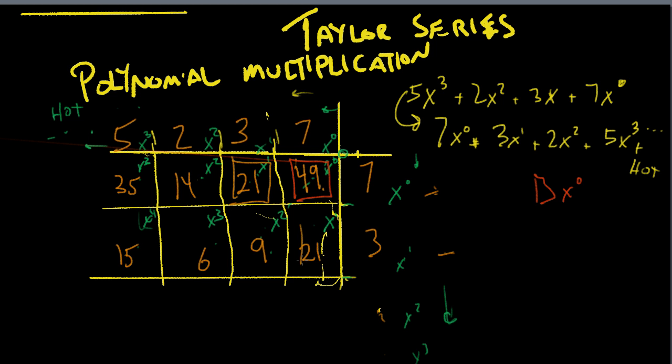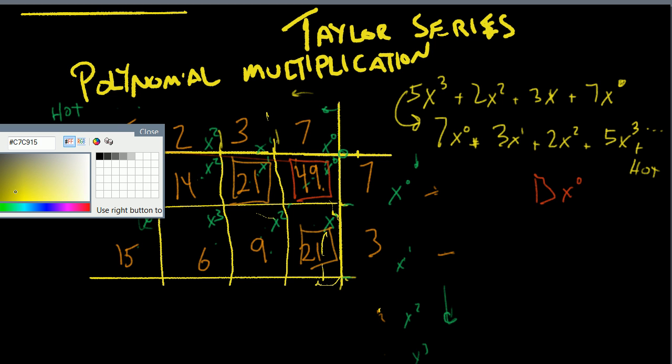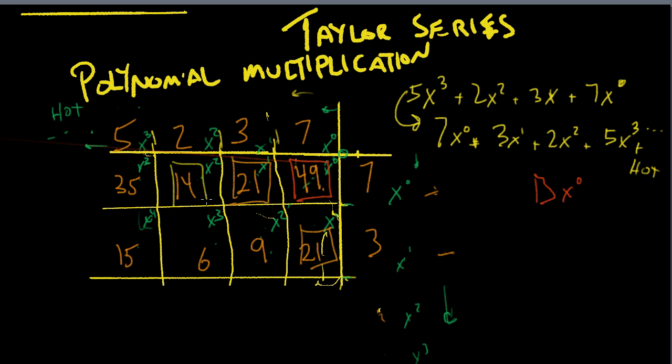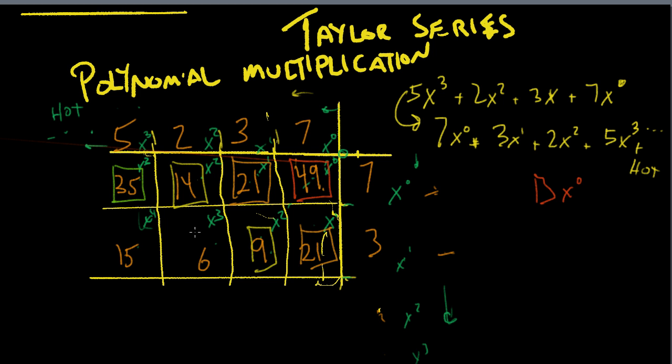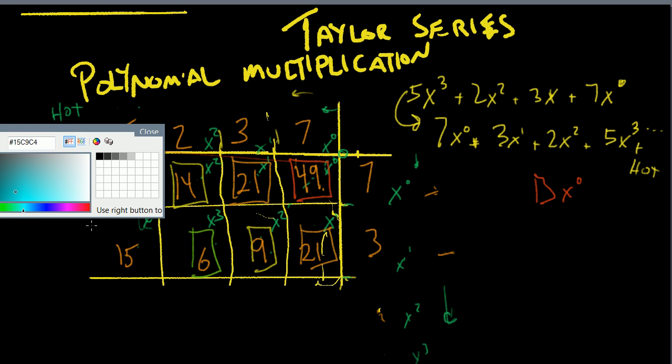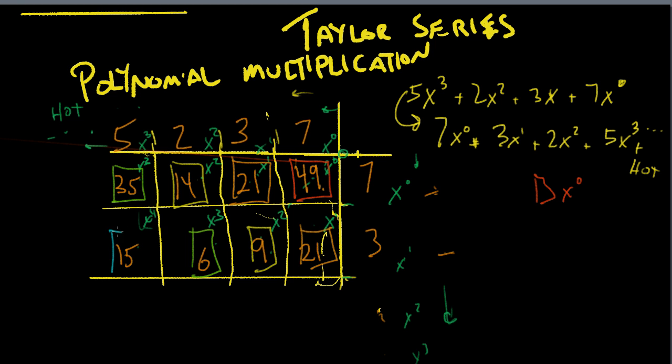Right? Those are first order terms. The second order terms are, up to yellow, here. Those are your second order terms. And your third order terms are here. And then in fact your single fourth order term would be there.